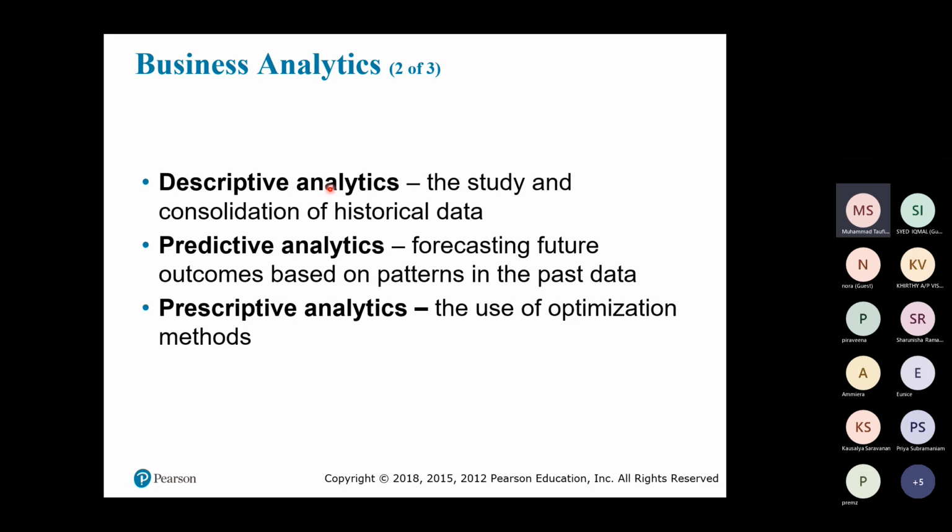The data that we collected, we compile it, we process it, and then we represent it to see the trend. This is what we call descriptive, because it describes the trend that already happened. It describes the things that already happened. We describe or represent things that already happened in the world.